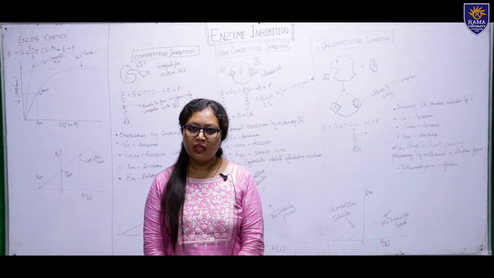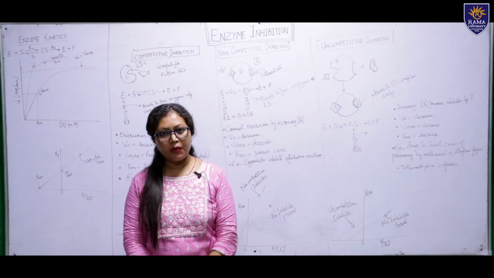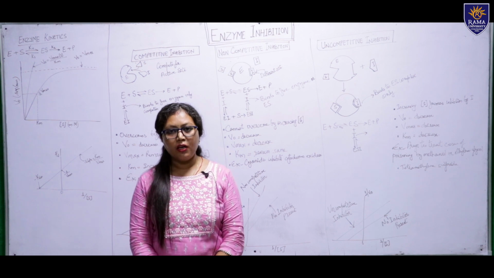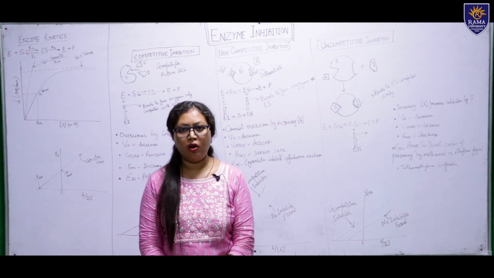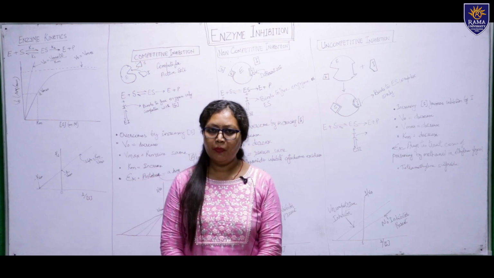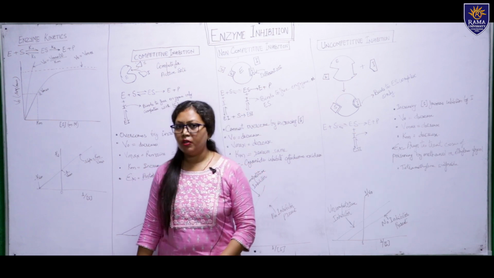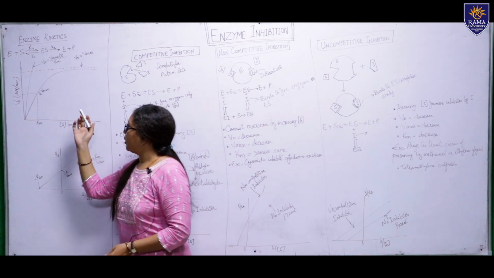So we can observe either the disappearance of substrate or the formation of product. Both can be measured with respect to time. So the change with respect to time here will be the conversion of substrate into product.